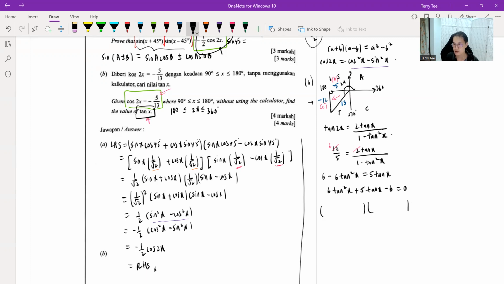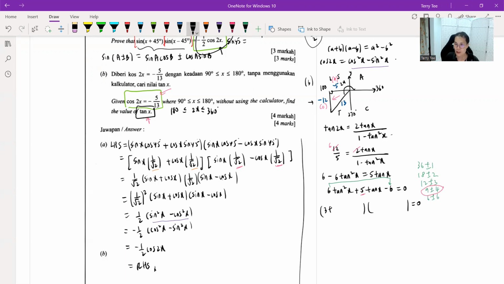Let us double bracket factorize. So when you factorize, we take 6 times 6, which is 36. Factors of 36 are 1 and 36, 2 and 18, 3 and 12, 4 and 9, 6 and 6. And which combination gives us 5? I should use 9 and 4.